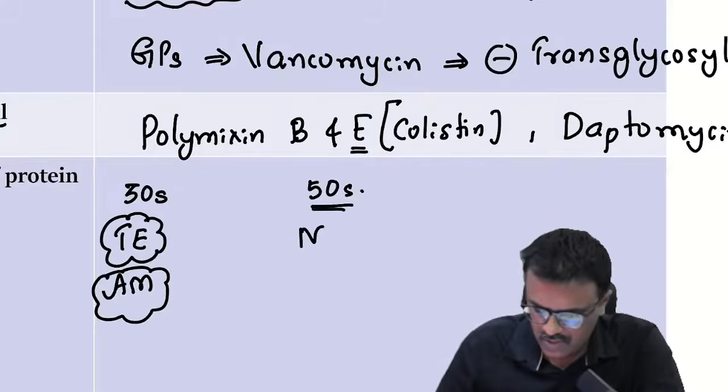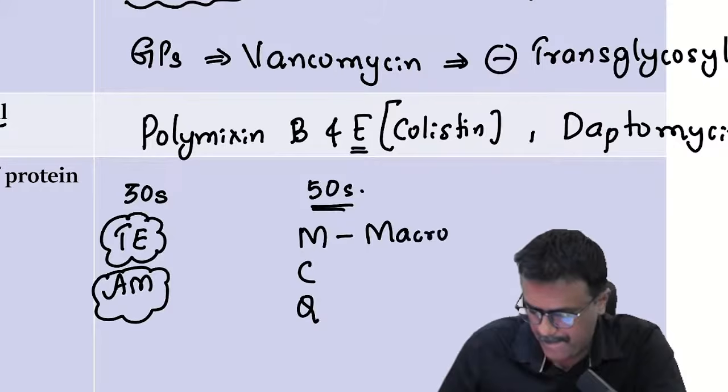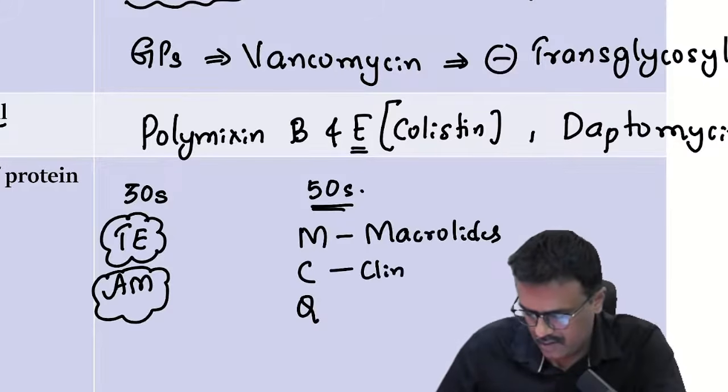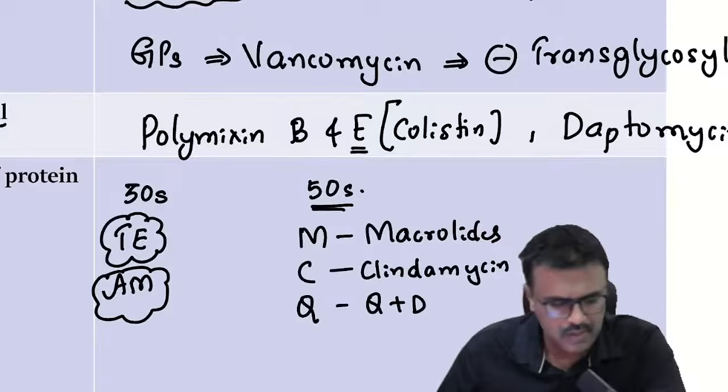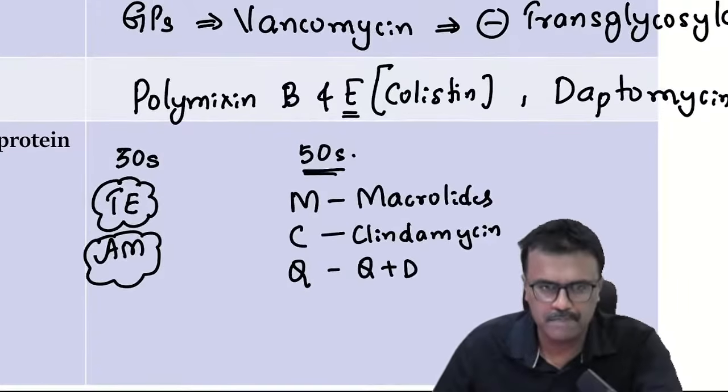50S, we have the MCQ drugs. M for macrolides. C for clindamycin. And Q plus D, quinupristin plus dalfopristin.